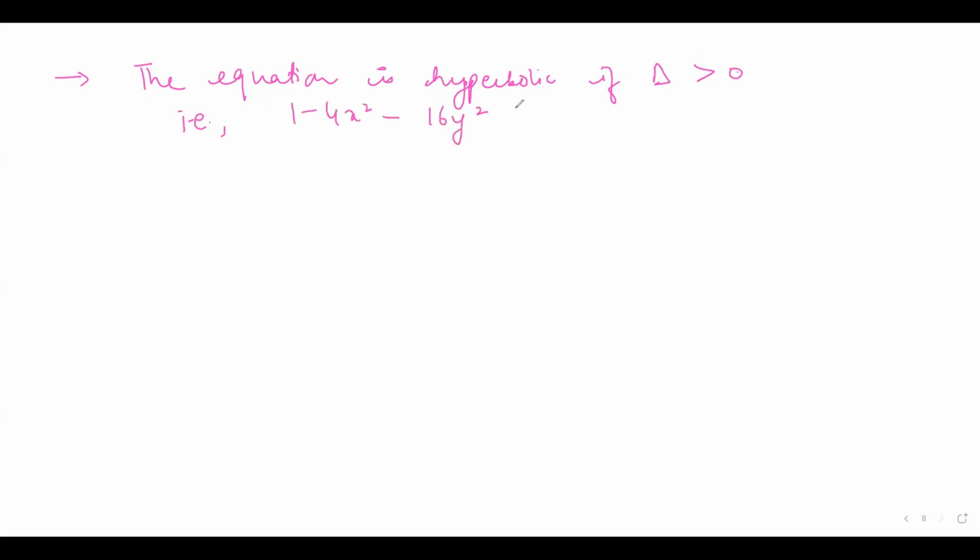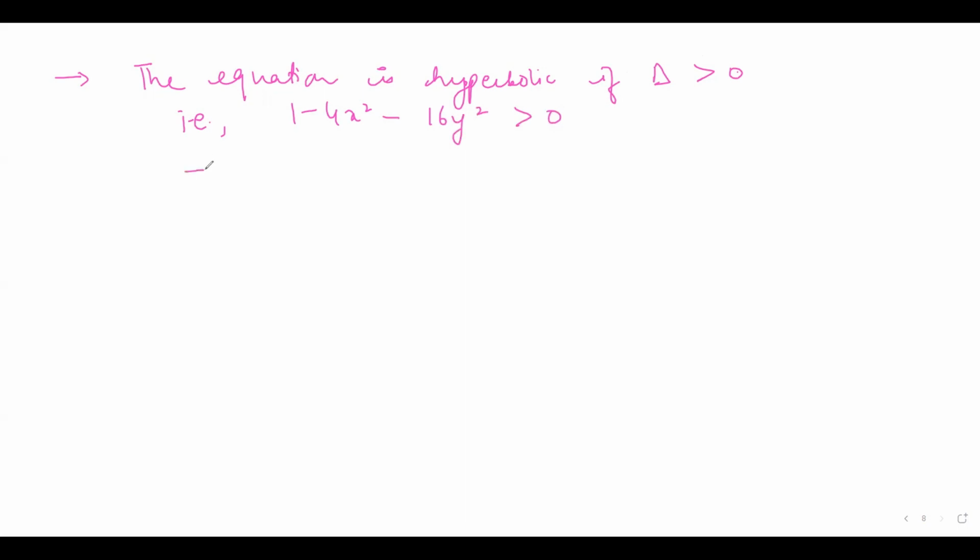Sorry, the equation is hyperbolic if your discriminant is greater than 0. So that means your 1 minus 4x square minus 16y square is greater than 0.